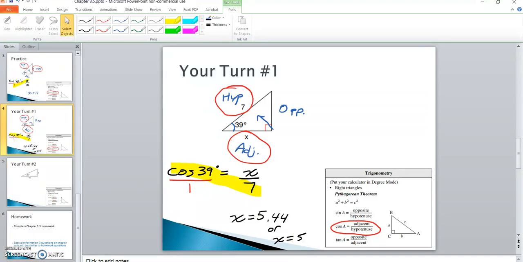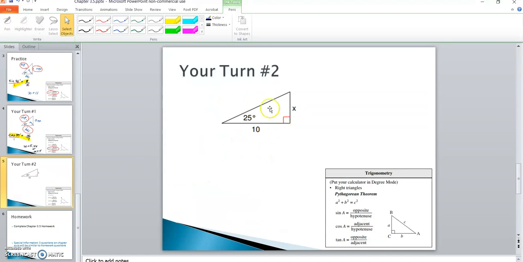Let's try the last one. Alright, so I want you to do step number 1, to label the triangle. Go ahead and pause the video and do that. Okay, so we have the hypotenuse and the adjacent and the opposite.